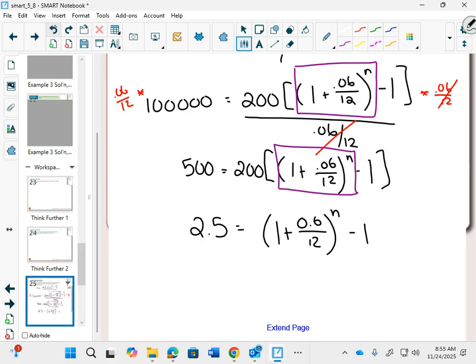What do I want to do? I want to get my power by itself. And you see that there's only one thing left to do. You have to add 1 to both sides.